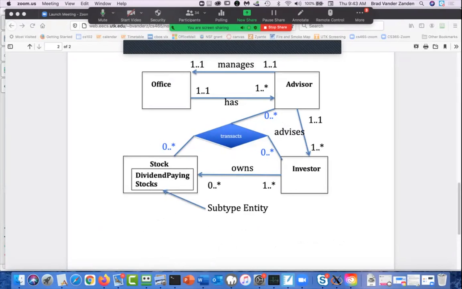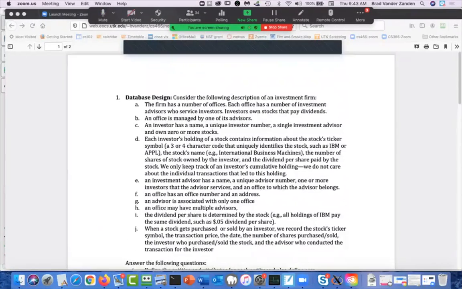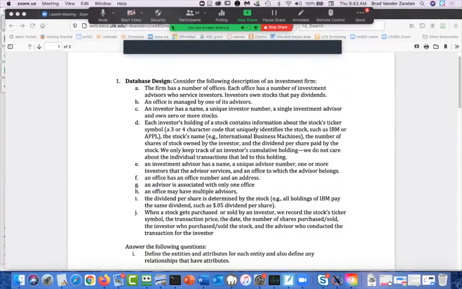Any questions about any of this? Dr. VZ? Mm-hmm. Not so much about the details, but the one thing that kind of strikes me a little bit is if we're given a problem like this, but we're not familiar with how the stock market works, you know, the relationship between investors and stocks and just the subject matter, won't that make it kind of difficult to form these relationships?